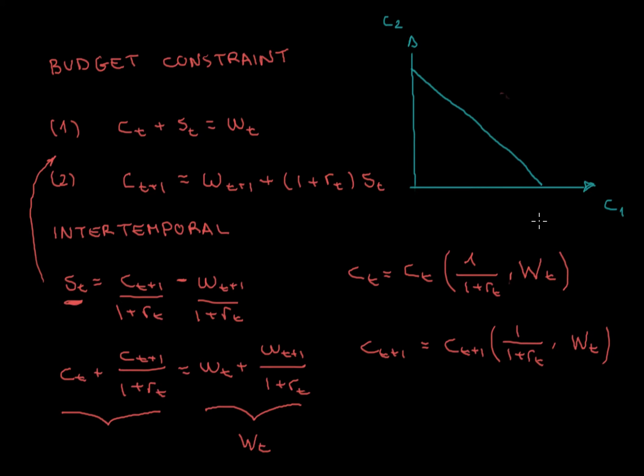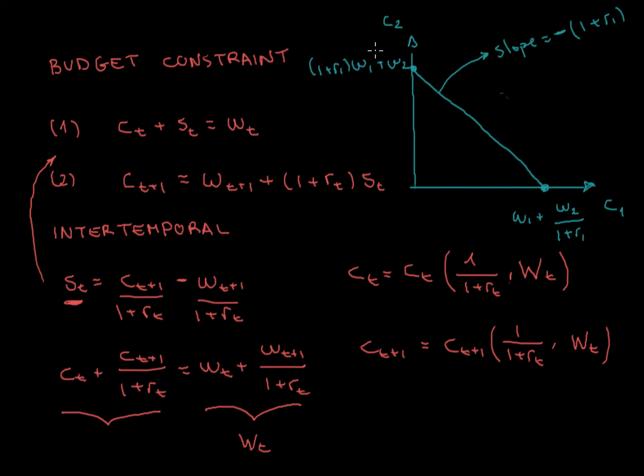Of course we can compute these points by putting consumption 2 equal to 0, this would be this point, and putting consumption 1 equal to 0, this would be the other one. Those points give the budget constraint, and the slope would be equal to minus 1 plus the real interest rate in the first period.